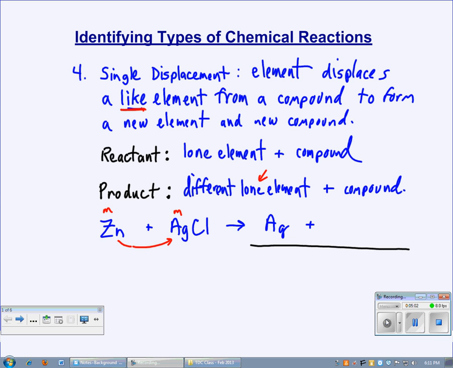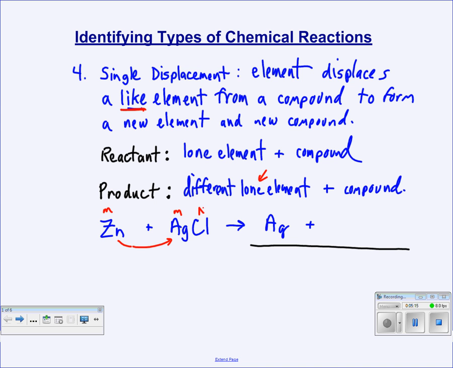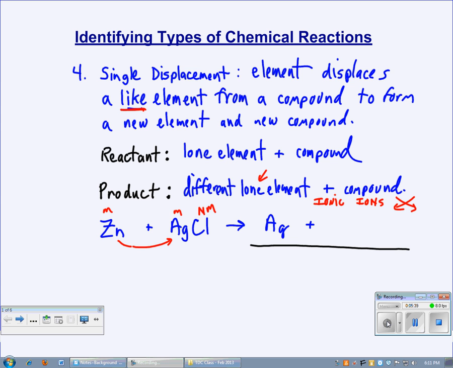Well, then you have to look at the second product. And again, we have to go back and ask, how would zinc, a metal, bond to chlorine, or it is the chloride ion now, a non-metal? So if we're going to form the product between zinc and chloride, metal to a non-metal, ionic. And so what we need to do is write the ions, and then we do the crisscross. Remember, that was our crisscross dance. So I would have to write the zinc ion.